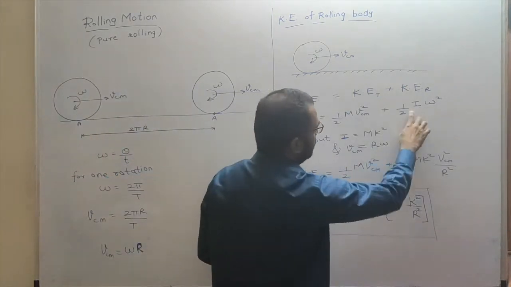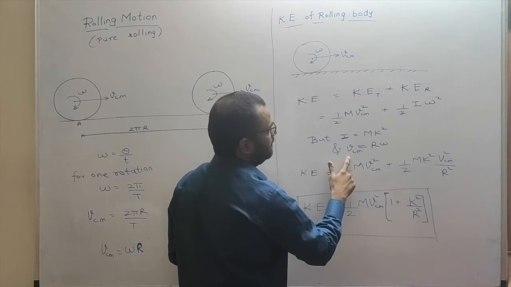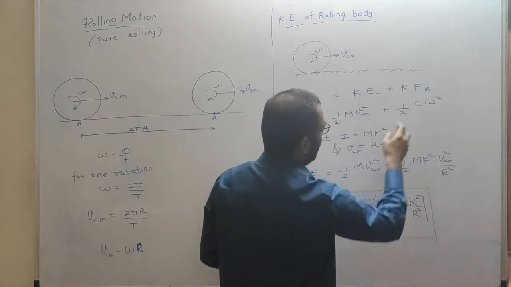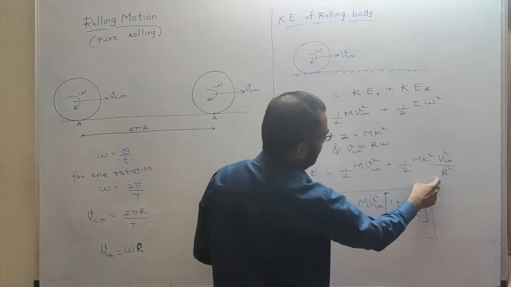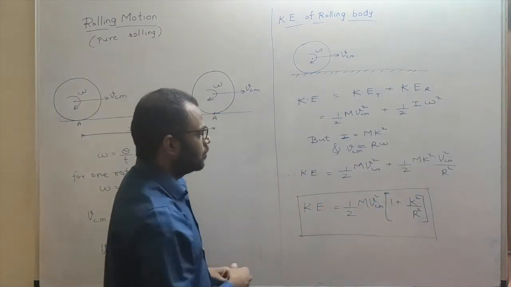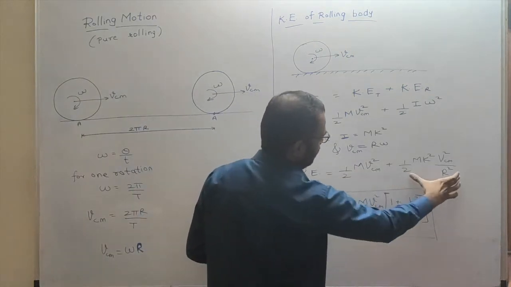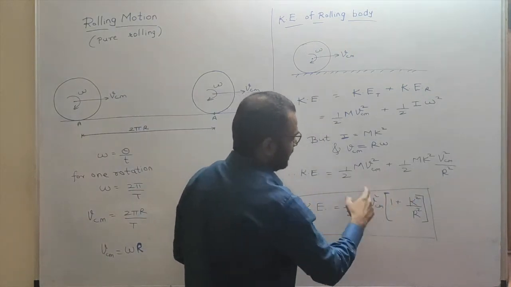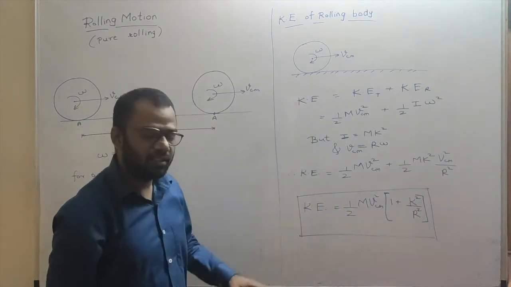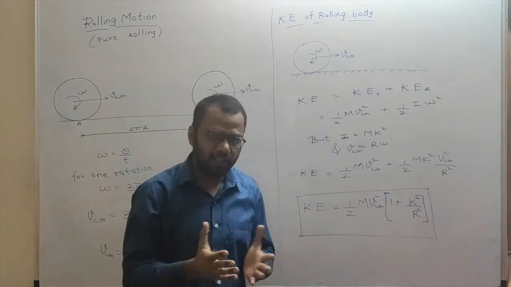So instead of I we put m k square, and instead of omega square we have v square upon r square. Here half m v square is common, so it is taken out. Inside the bracket we have 1 plus k square upon r square. This gives us the total kinetic energy of a rolling body.